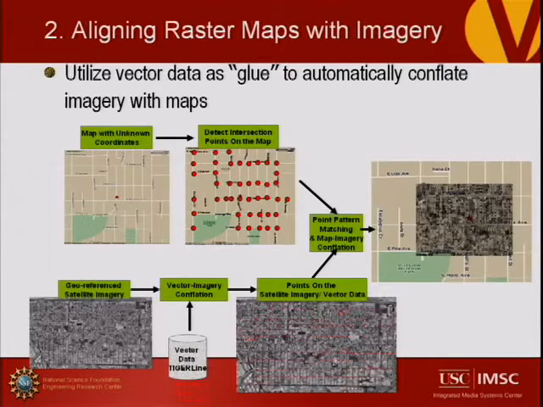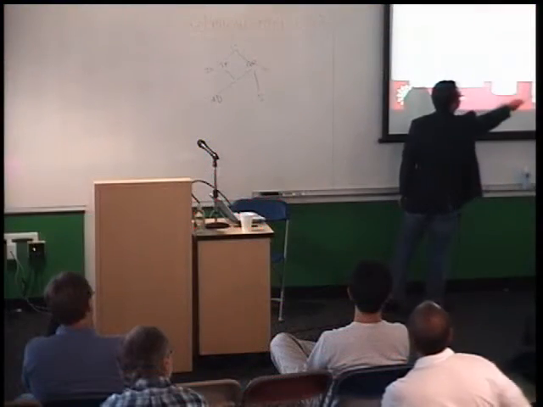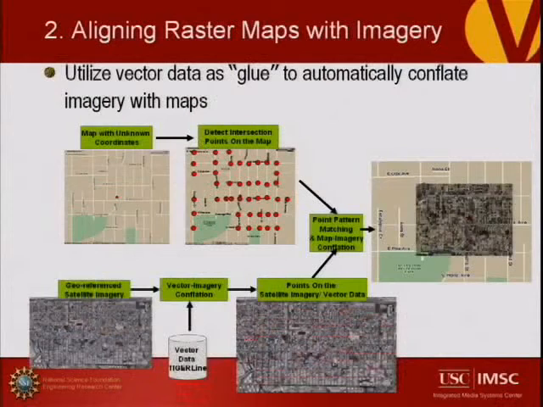So now what you have is a bunch of points here and a bunch of points here. You know that this map relates to this image, but you don't know exactly where. Here is where we observe that there is a pattern to the intersections of a map that you can use as a fingerprint of that map. And by doing pattern matching between this set of points and this set of points, we can identify the area of the map that matches with the image.